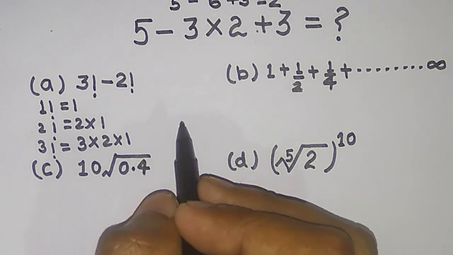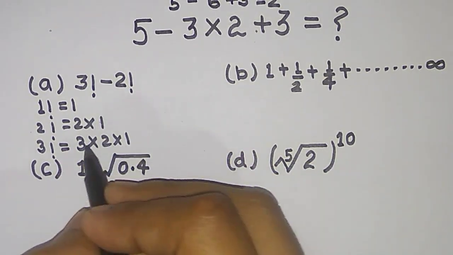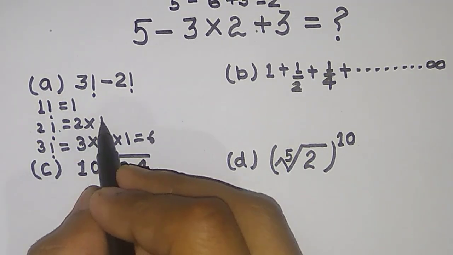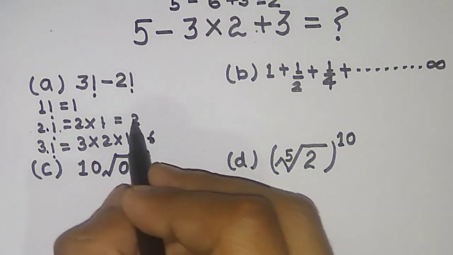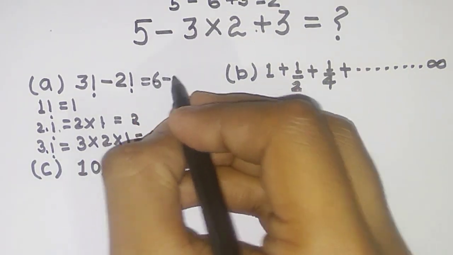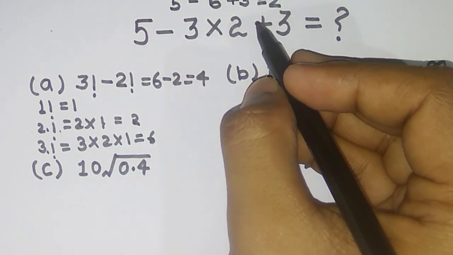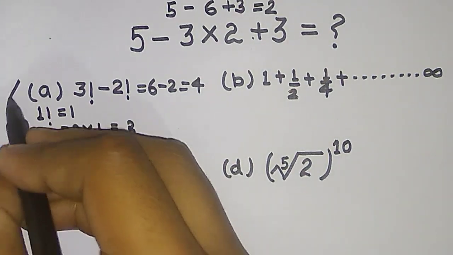Like that we calculate factorials. So 3 factorial will be 3 into 2 into 1, which is 6, and 2 factorial will be 2 into 1, which is 2. So 3 factorial minus 2 factorial will be 6 minus 2, which is 4. But we know our answer is 2. So this option is wrong.